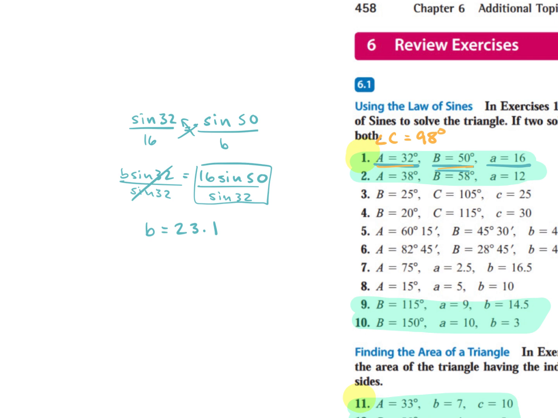Then we would want to use law of sines again to find what side C is. So B, we said was 23.1. Then for C, we can set up our same proportions. So I'll start with the A's. Sine of 32 over 16 equals sine of C, which is 98, over C. Again, cross multiply and divide, plug it into your calculator.